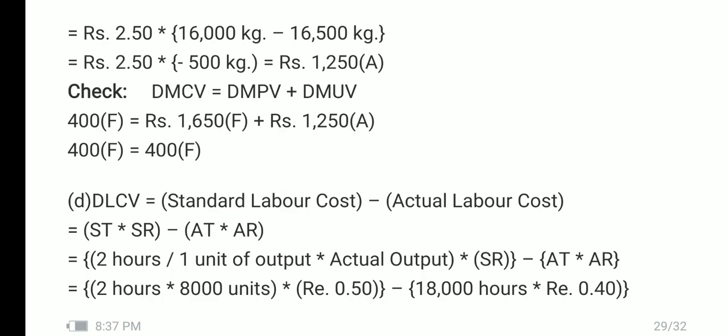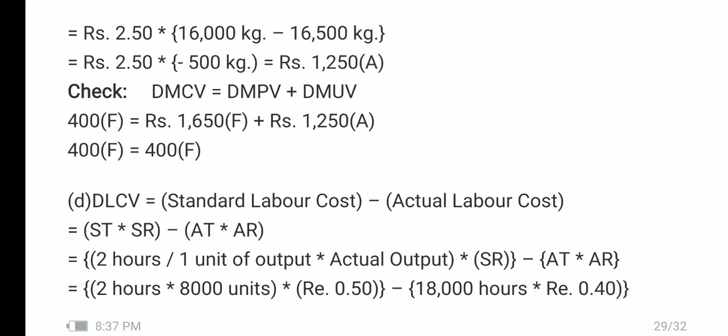Now, let us consider labor variances. DLCV, direct labor cost variance, is equal to standard labor cost minus actual labor cost. Now, ST into SR minus AT into AR. Now, to produce 1 unit of output, 2 hours are specified standard time.